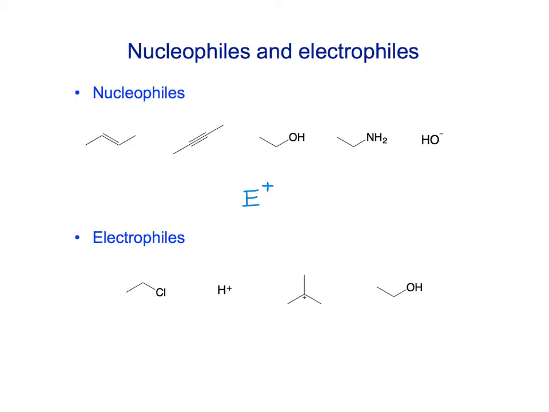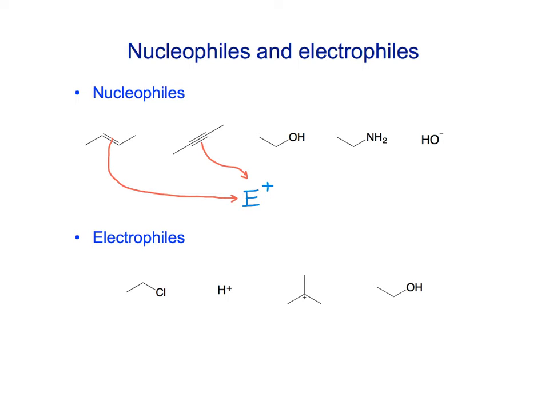The nucleophiles will be donating a pair of electrons. The electrophile will be accepting the electrons. So when we have pi bonds, it'll be the pi bond which is donating electrons to the electrophile. So we could have that as an alkene or an alkyne.